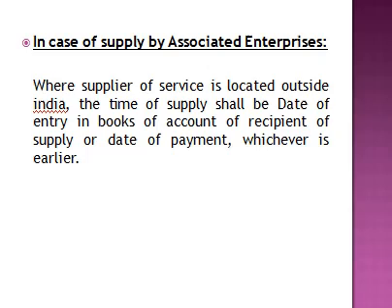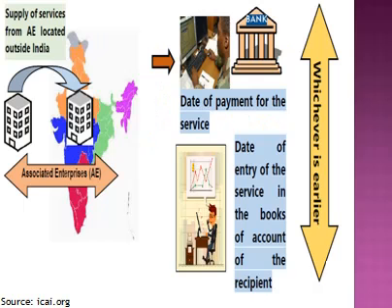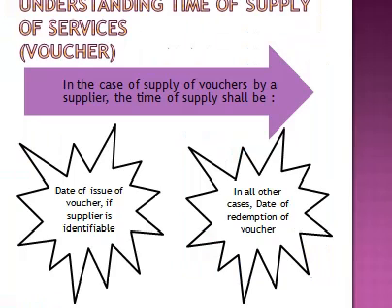The provisions relating to time of supply of services in case of reverse charge can be depicted through the diagram on the next page, where you can see about associate enterprises. Since I am not discussing these charts in detail in the video, we will discuss each and every point in detail in the classroom.